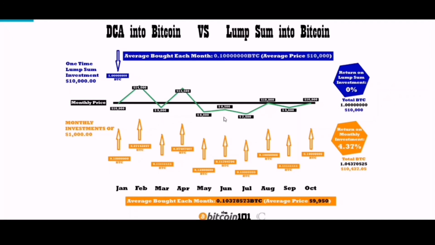In June, the price came up a little bit to 8,500. We were able to get 0.1176 Bitcoin. So when it's broken down like this, these are Satoshis. It takes 100 million Satoshis to get to one full Bitcoin.